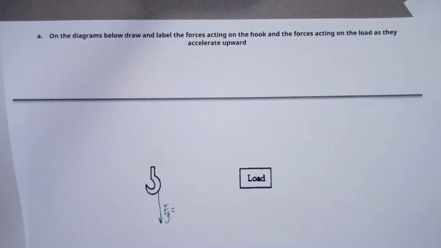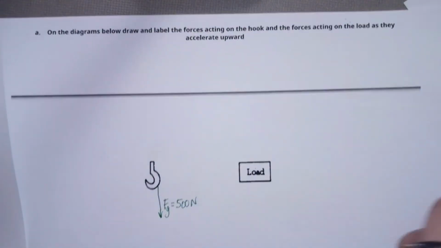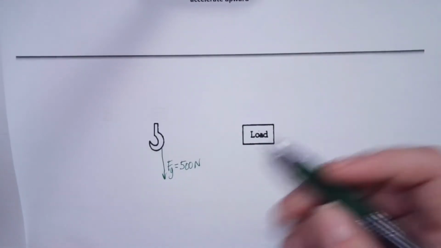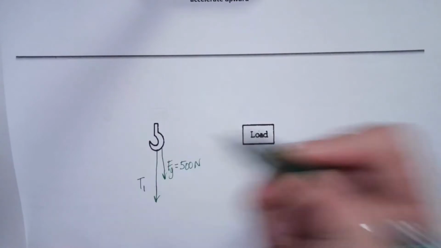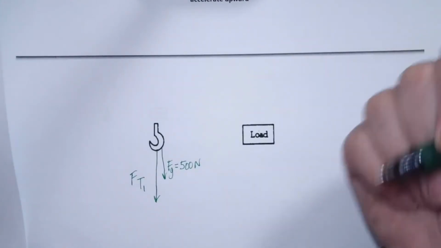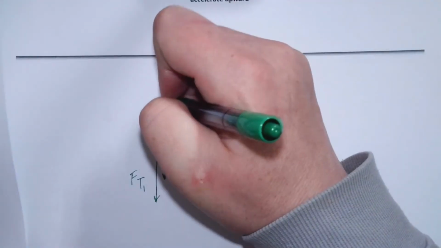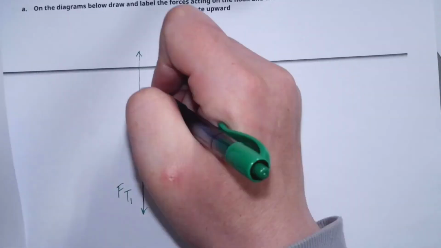Mass is 50. 50 times 10 gives us 500 newtons. Then I'm going to put the tension. It's tension 1 that's pointing down, FT1. And we know that the acceleration is pointing up, the F net's pointing up, so I'm going to make FT2 longer than FT1 and Fg combined.